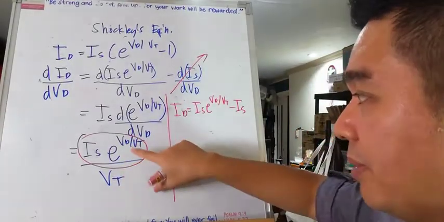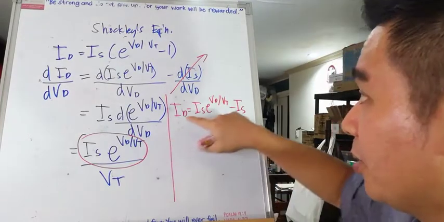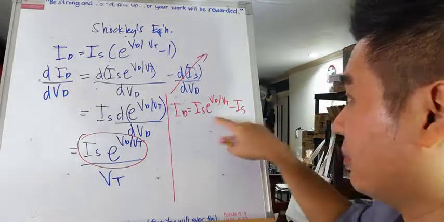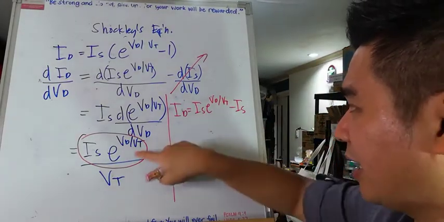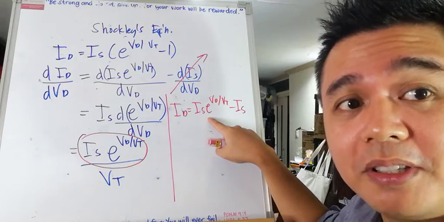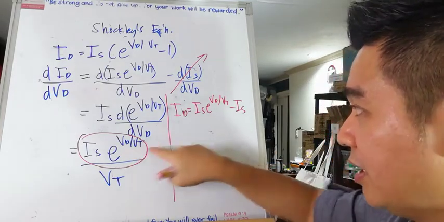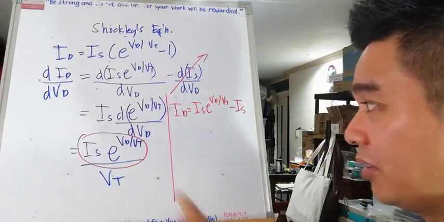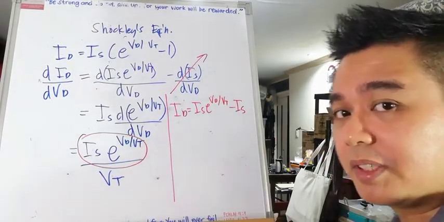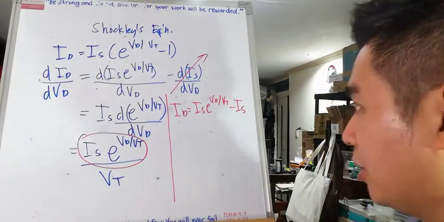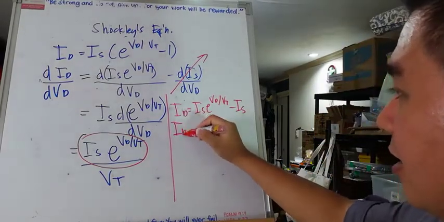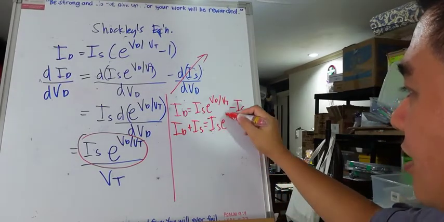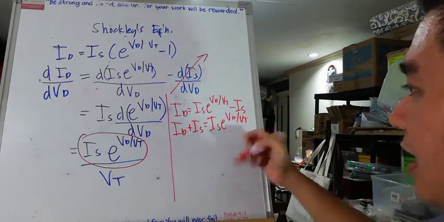Next, we can now simplify this term. Di ba ito yung original Shockley's equation natin? So, dinistribute ko lang dito yung I sub S. No? So, ito, may nakikita tayong kamukha dito sa original Shockley's equation, di ba? So, we can express this one in terms of the original Shockley's equation. So ito yung kamukha nyo, yung first term sa right-hand side ng ating equation. So we have now ID plus IS is equal to IS times e raised to VD over VT.